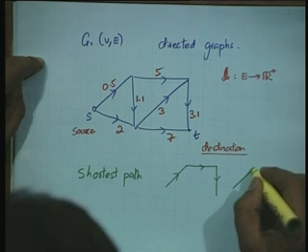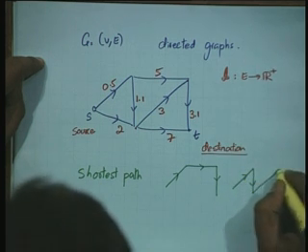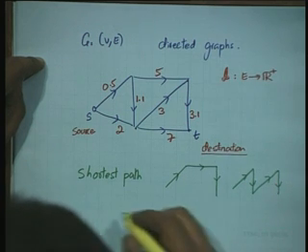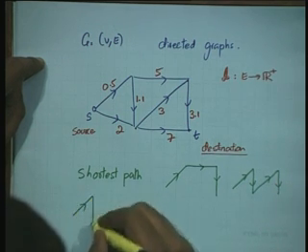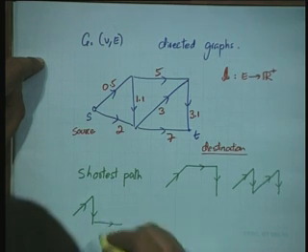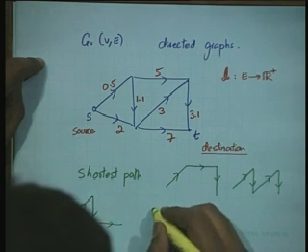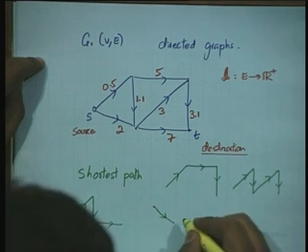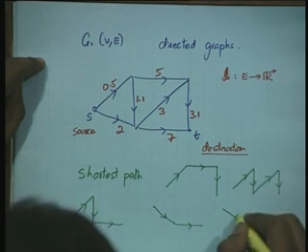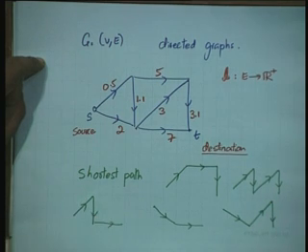The other path is I go like this, I come down, then I go like this and then I come down. This is the second option. The third option is that I go like this, come down, I go straight. This is the third option. The fourth option is that I go 2 and then 7, and then one other option is this, this and this.